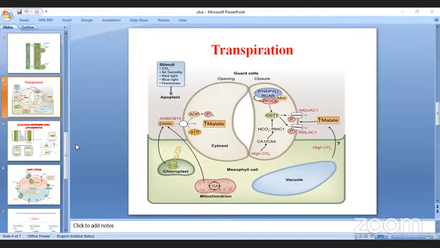These are all macronutrients. How many macro according to Arnold? 6. Yes.